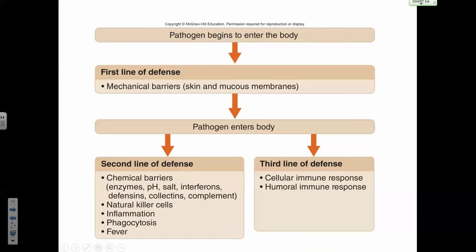If the pathogen makes its way through that, then your second line of defense kicks in, which is some of those non-specific mechanisms we've talked about. Then the third line of defense is your immune response. We're going to see today that you have two types of immune response provided by the two different types of lymphocytes. You have what's called cellular immune response, and you have a humoral immune response.